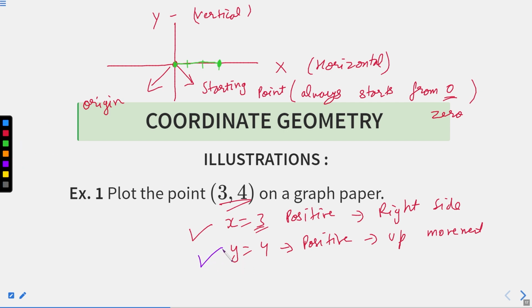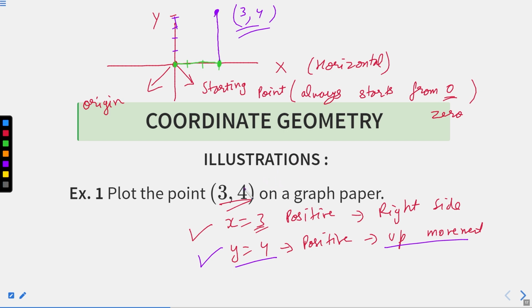Now I have to move upward 4 points. So 1, 2, 3, and 4. Now this is our point 3 comma 4 here. Clear? Okay.